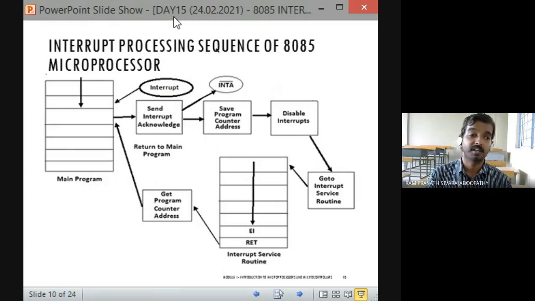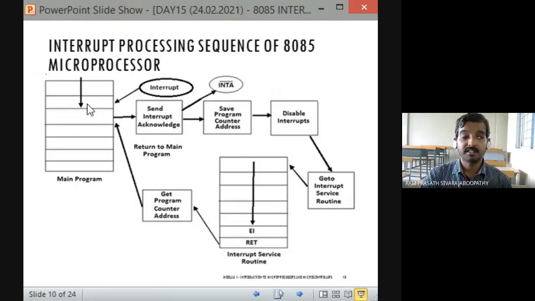Whereas in the case of interrupt, the device which wants some service to be done by the processor initiates the signal. It is initiating the interrupt. It is sending the request to the CPU. Whenever the device wants some service from the microprocessor, at that time it has to interrupt the CPU.